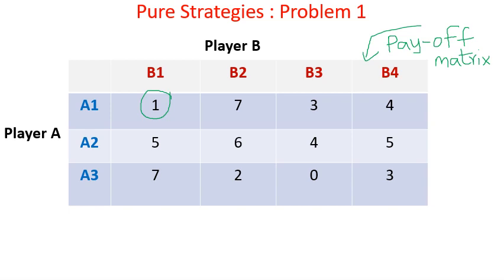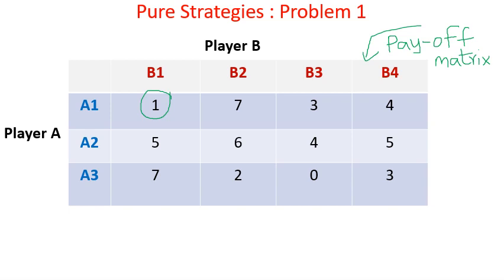Similarly, if A takes A1 and B exercises his or her strategy B2, then this is the payoff, which means B will have to pay 7 units to A, which means B loses 7 units and A gains 7 units. All these are positive values here.